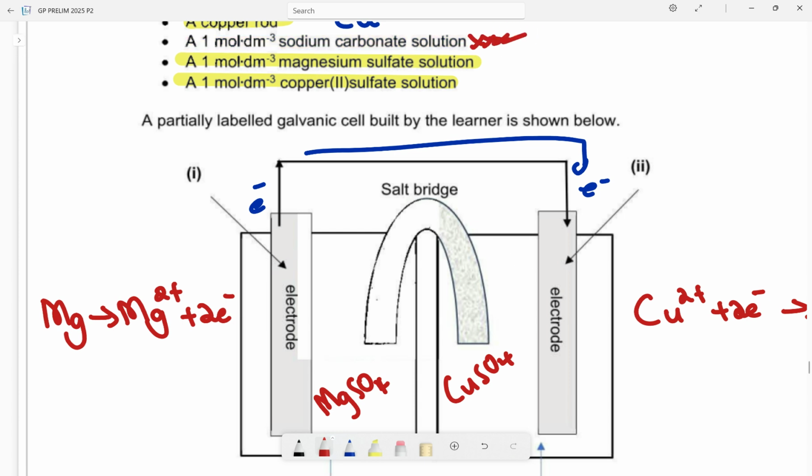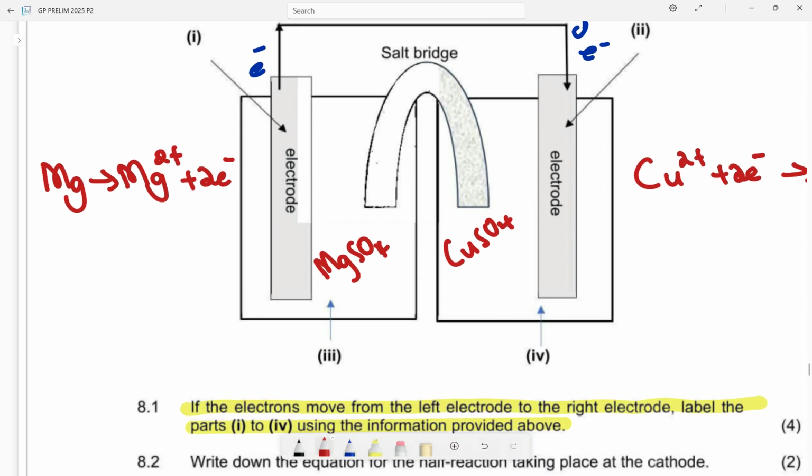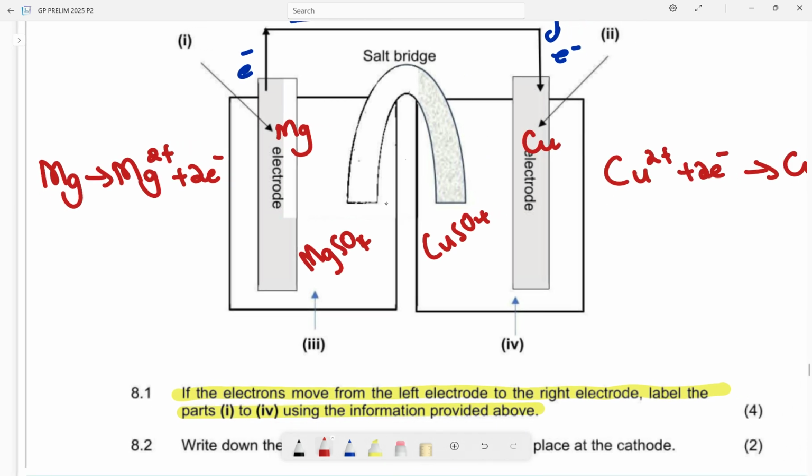So this is it, guys. Then let's see, I think we have labeled here. I needed just to say it is Mg. This one is pure copper. On another thing in here, oxidation occurs, and in here, reduction occurs.